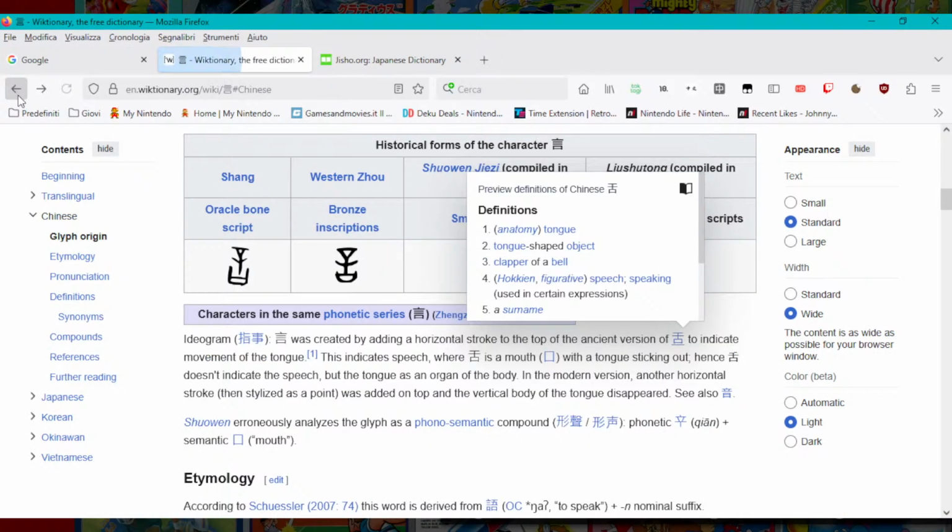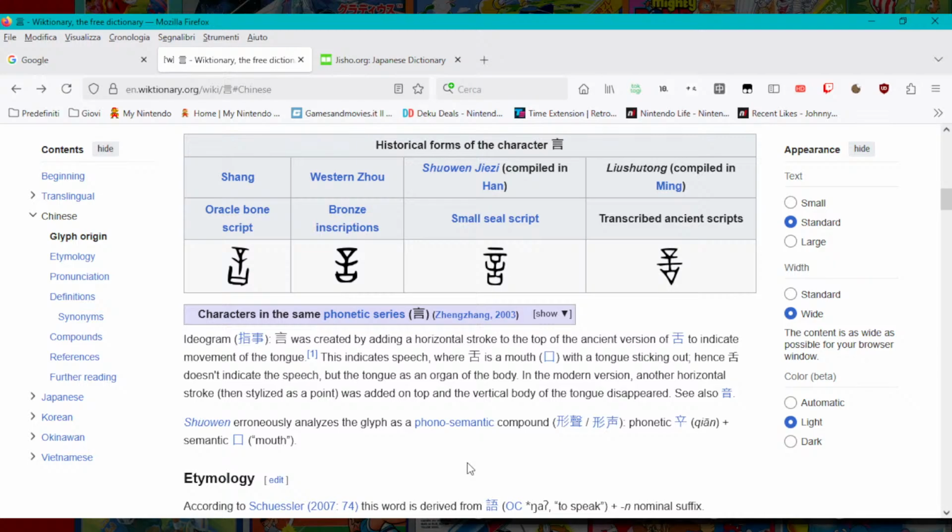From that, we get the ideogram, as they took the pictogram for tongue and added a horizontal stroke to the top to indicate its movement.